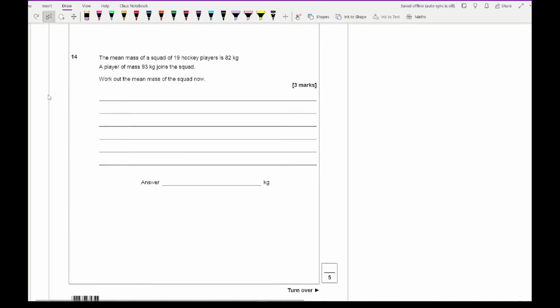Then with question 14, it says that the mean mass of a squad of 19 hockey players is 82 kilograms. A player of mass 93 kilograms joins the squad. Work out the mean mass of the squad now. What we need to work out first is the total weight of the 19 players. That is done by doing 82 times 19, which gives me an answer of 1558.